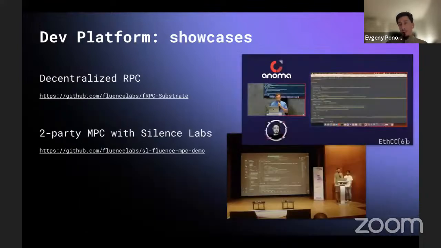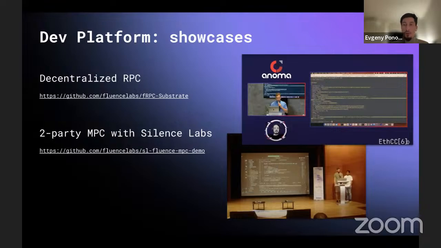So basically, one of the showcases produced during the year and demonstrated was a decentralized RPC implementation. There's a link to the repo here. It's a distributed app built on Fluence with Aqua that allows you to roll out a subnet of nodes that connect to different blockchain RPC providers, then query them and get quorum on top of the results.